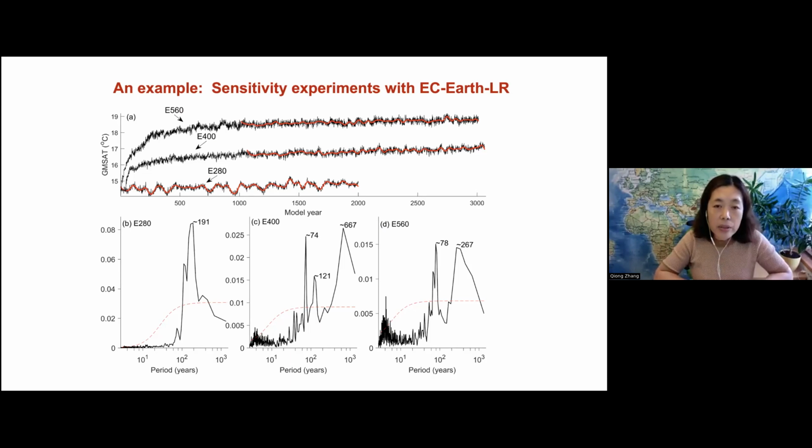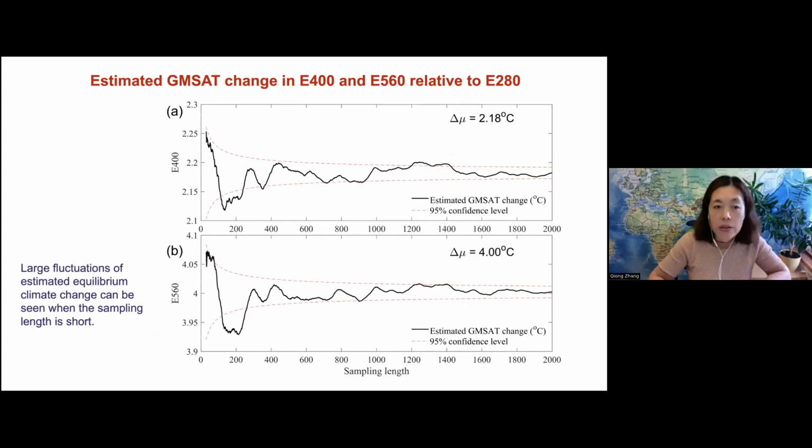We still use our three different CO2 level simulations. We just try to estimate the ECS, because we see that when you have different CO2 levels, the oscillation changes and the period also changes. So this is the estimated global mean temperature change at 400 ppm or double CO2 relative to the PI control CO2 level.